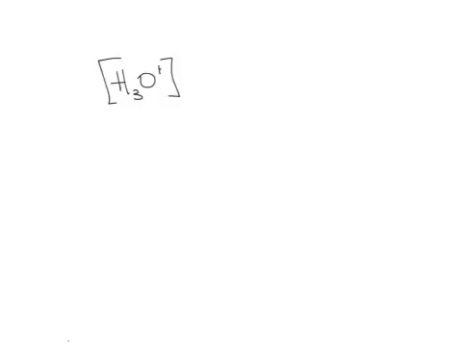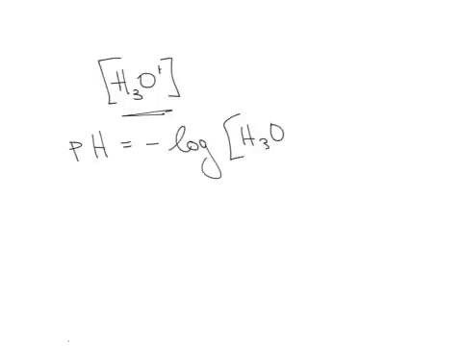This is what we're going to be looking at right now. We have a formula that says pH equals negative log of the hydronium ion. When we take the negative log of the hydronium ion, notice the base is a base of 10.